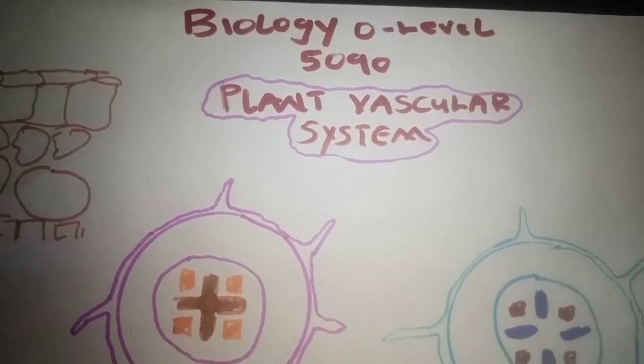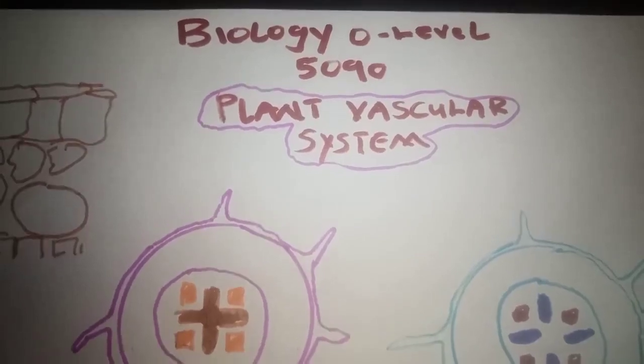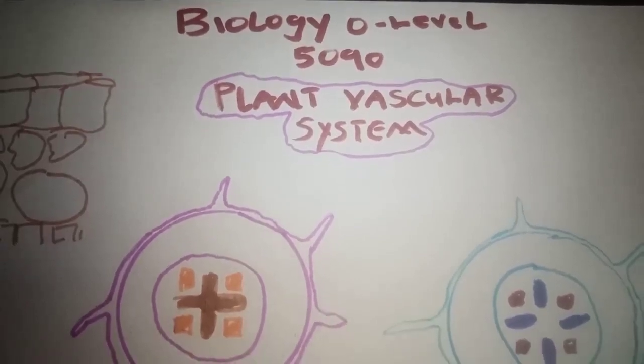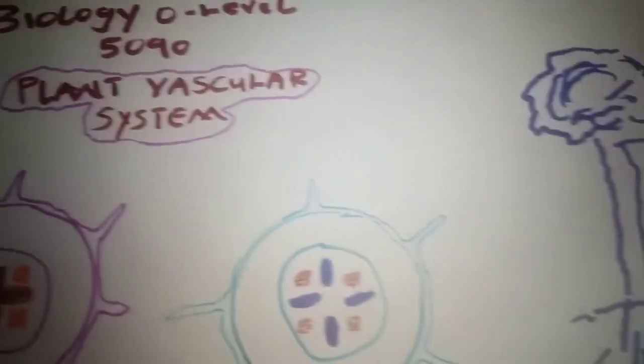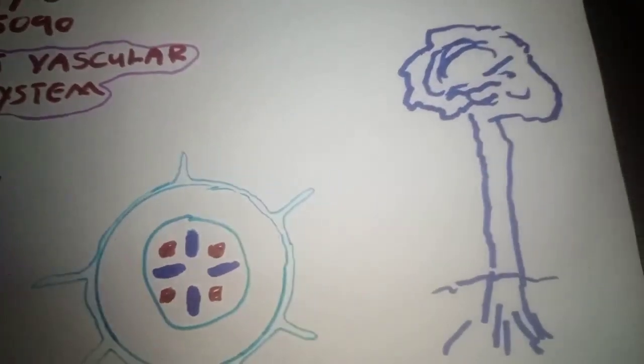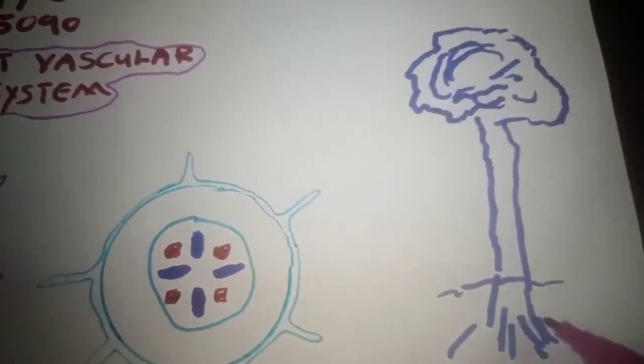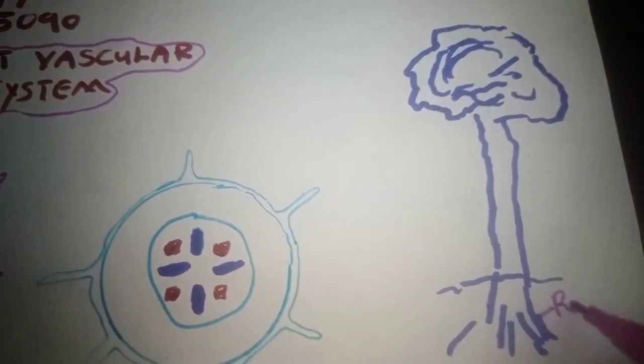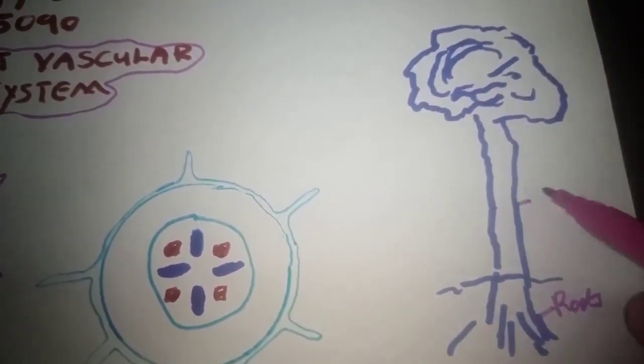Okay, so in our previous videos we discussed transport systems, and we gave reasons why plants require transport systems. Just to have a recap, you have a plant here. Okay, this is a plant, as you can see, of the roots. This is the stem.